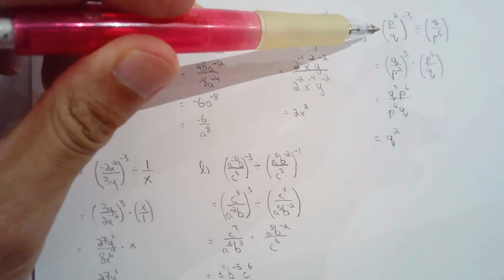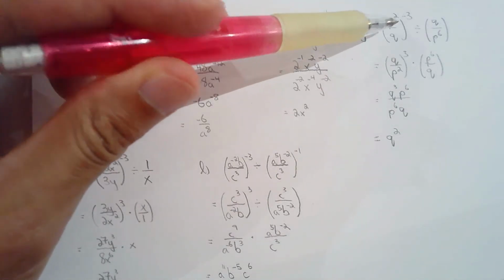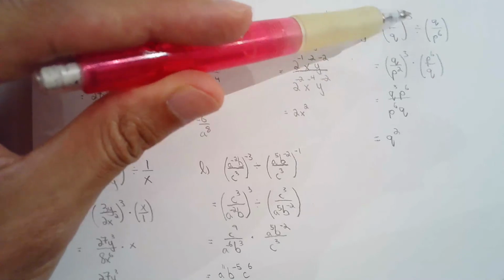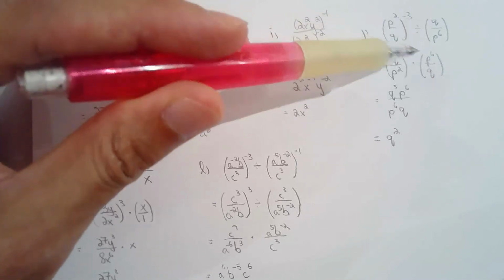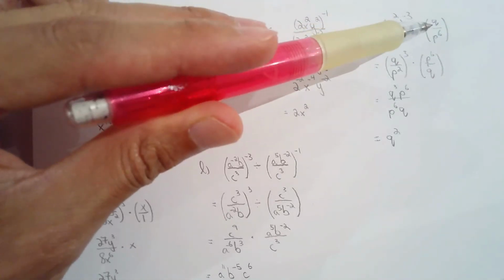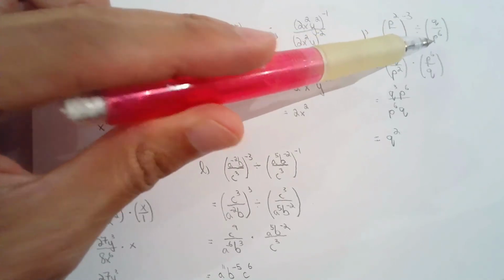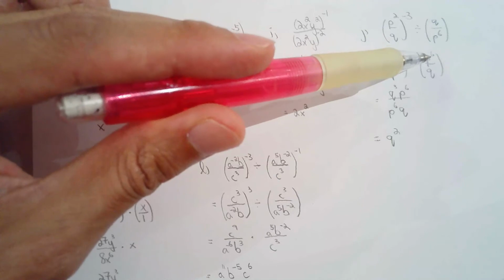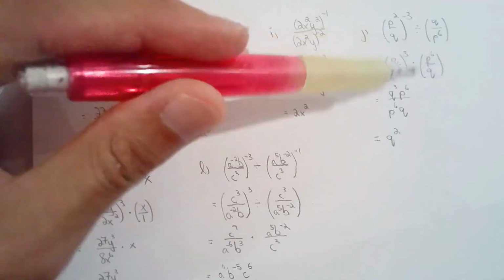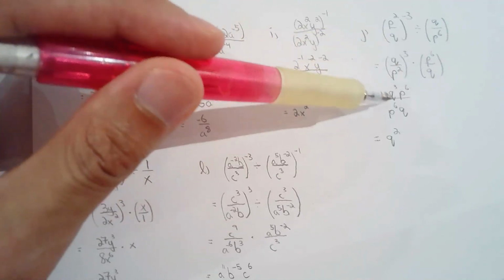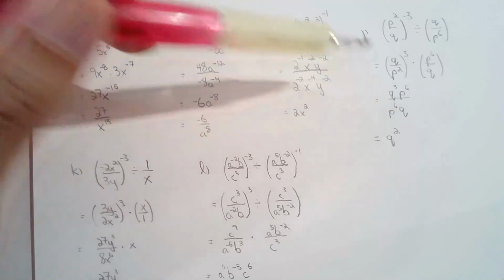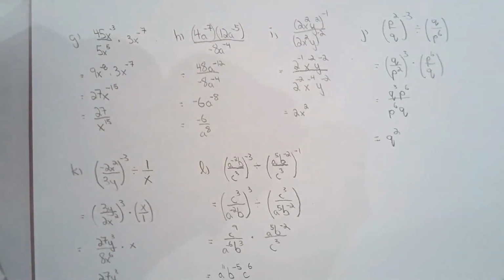For j, I took the reciprocal of the base to change this negative exponent to a positive exponent, and then be careful when I divide by q over p to the power of 6, you change it to a product of the reciprocal. Then I see that there are common factors of q and p, cancel out, and I'm done. I'm left with q squared.